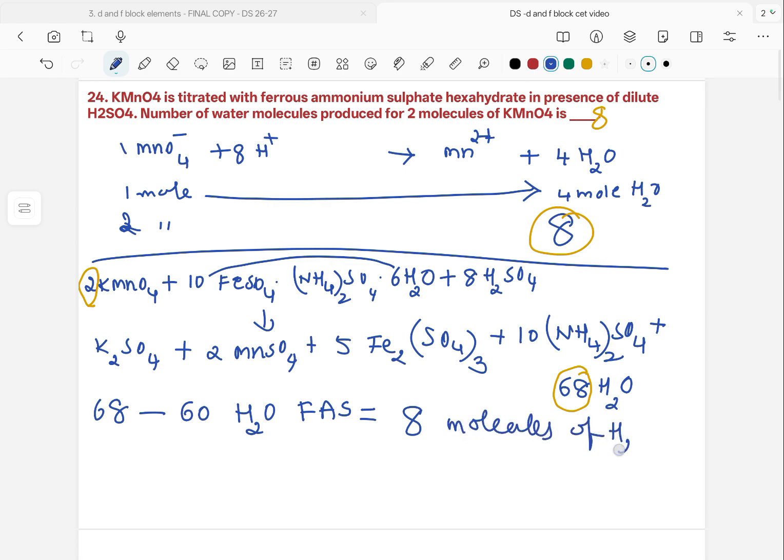As we are strictly talking about the redox reaction, we will bother about how many moles of water permanganate will produce. Therefore, the answer should be 8 here. So, our answer is 8.